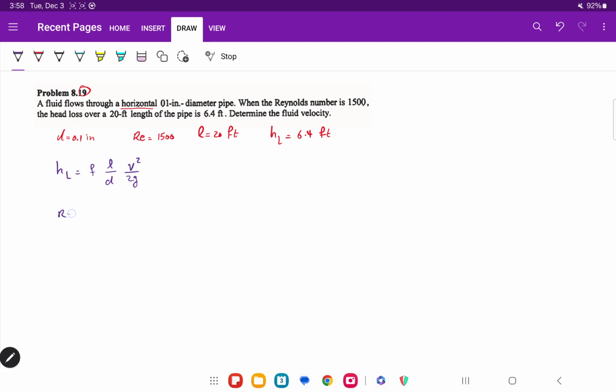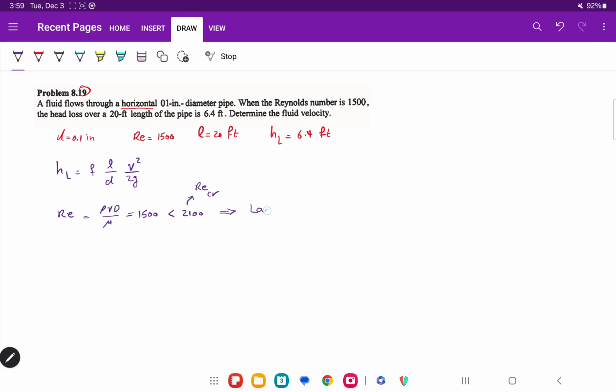So we know that Reynolds number is rho V D over mu. But in this problem, we know the value, so it's smaller than 2100, which is the critical Reynolds number.